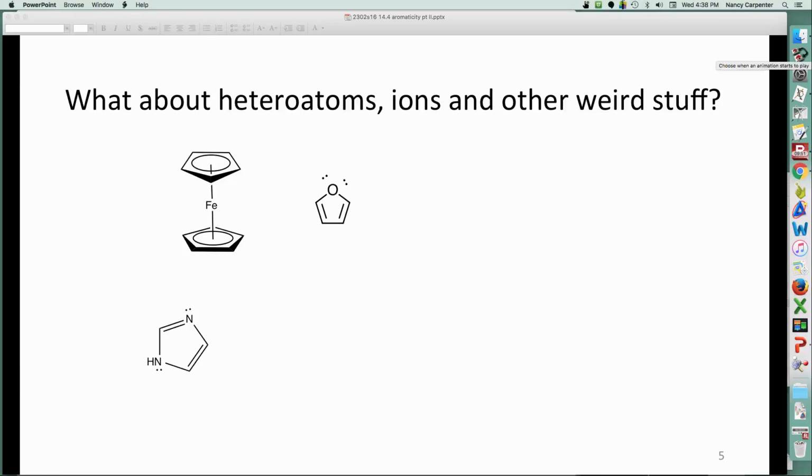DNA, RNA, biological systems are full of these nitrogenous bases. Is this an aromatic compound? Well, it certainly could be if that nitrogen is sp2 hybridized and the lone pair is in the p orbital. So sure, this can definitely be particularly aromatic.